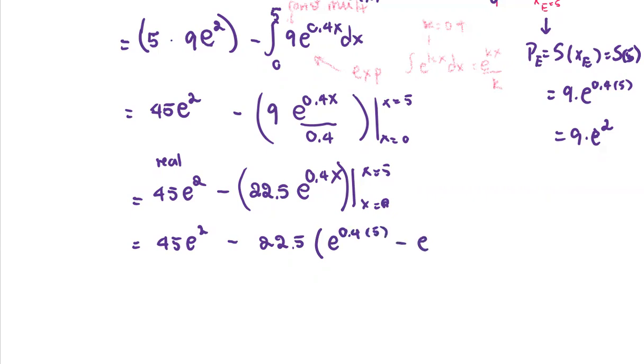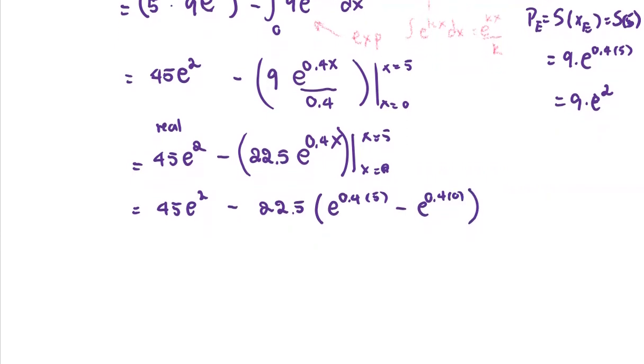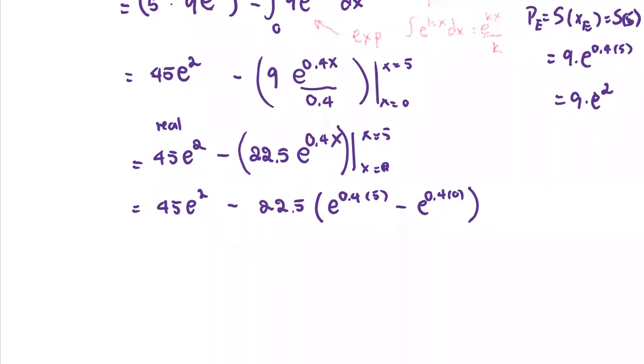This is e to the 0.4 times 5 for the upper limit, and the lower limit is e to the 0.4 multiplied by 0. This time I will not get lucky if I forget the second part, because e to the power 0 is 1, not 0, so I have to leave it. And this part is e squared.